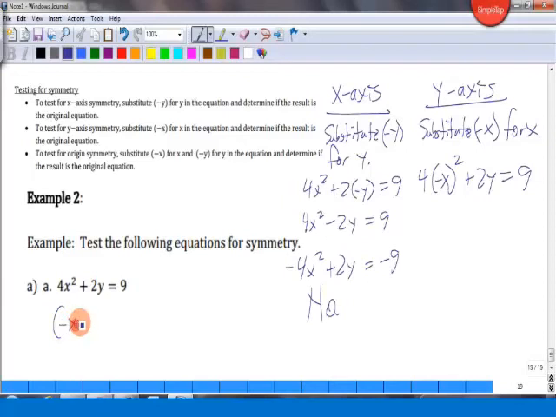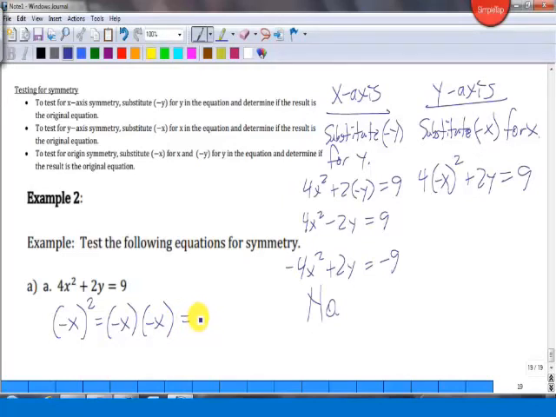If we have negative x and we square it, certainly the negative sign is going to be dealt with. Make the negative sign go away. It's going to be negative x times negative x, and we know a negative times a negative is a positive, right? But what is x times x? Yes.